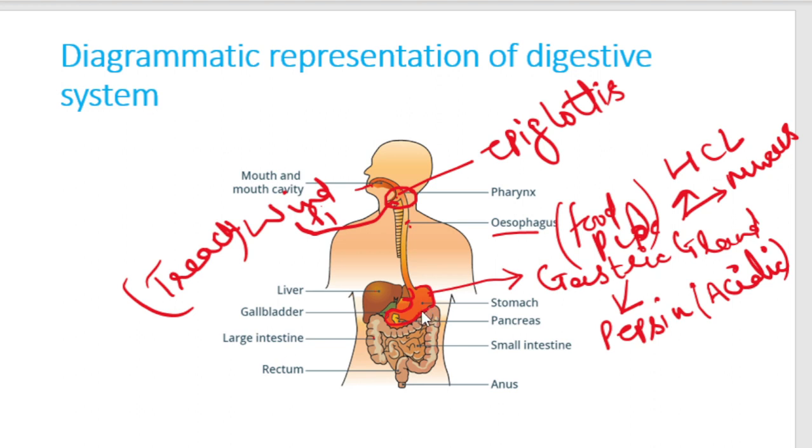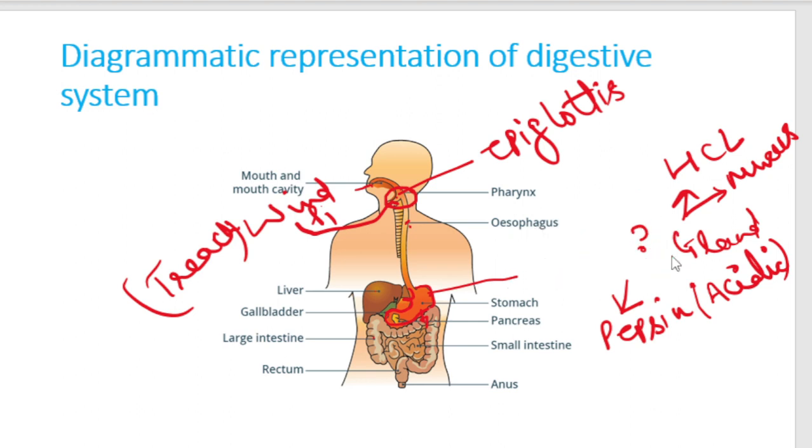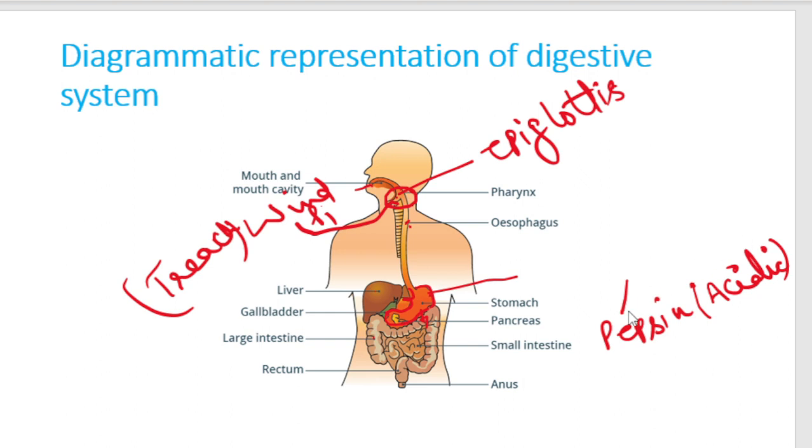After the stomach, food enters into the small intestine. The small intestine is the place where most of the digestive activity takes place. The size of the small intestine depends on the type of food the organism eats.